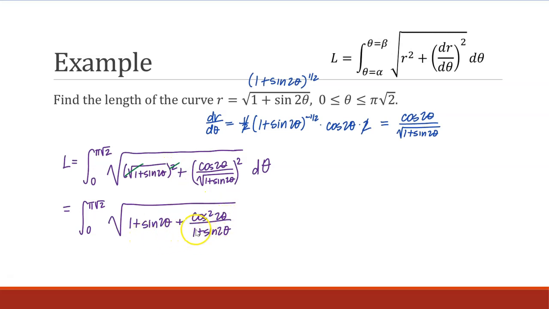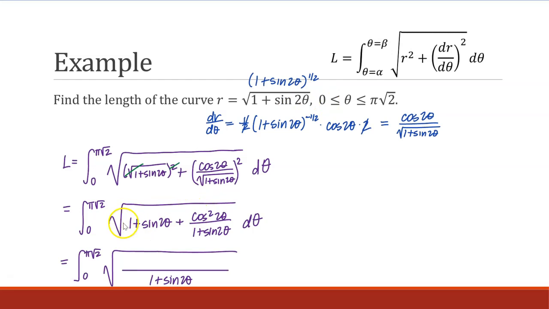So let's try to make these have common denominators here. So we're looking at the integral from 0 to pi times rad 2 of the square root of, we're going to have a big fraction bar in here. We're going to have that common denominator be 1 plus sine 2 theta. So we're going to have to multiply this side over here on the top and bottom.